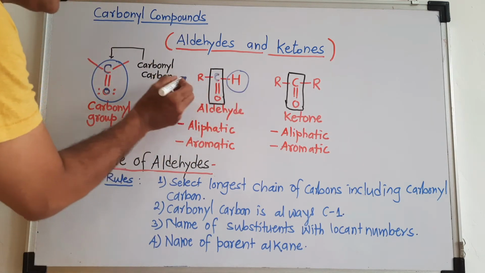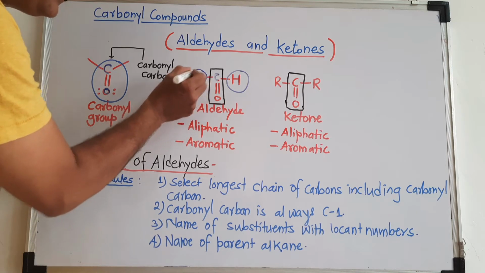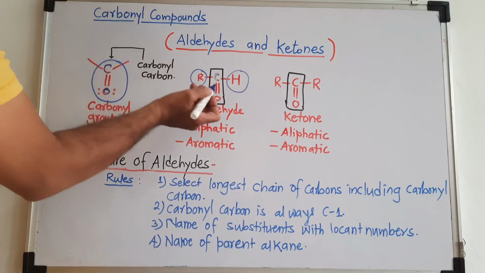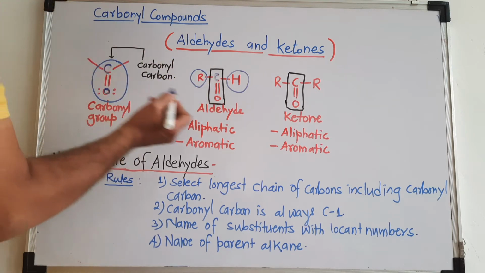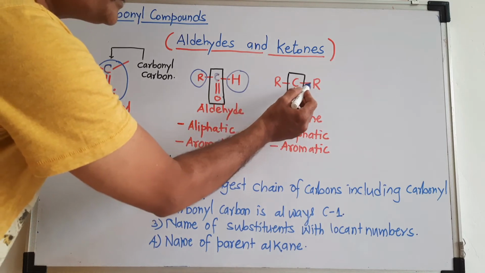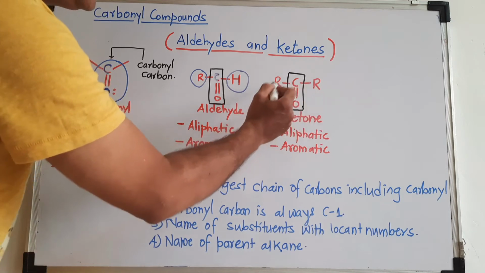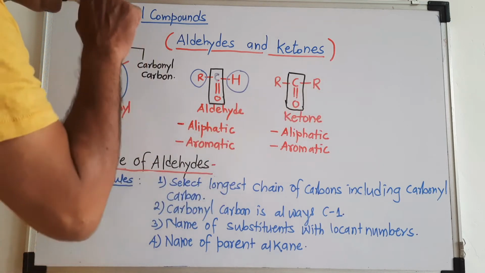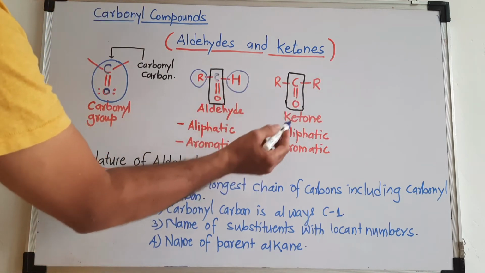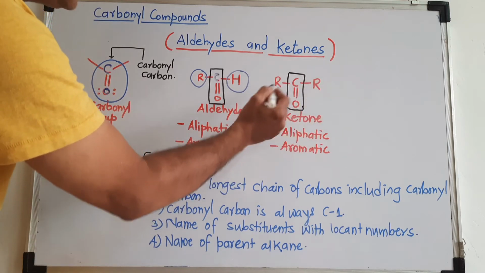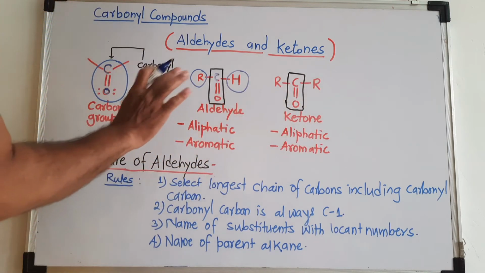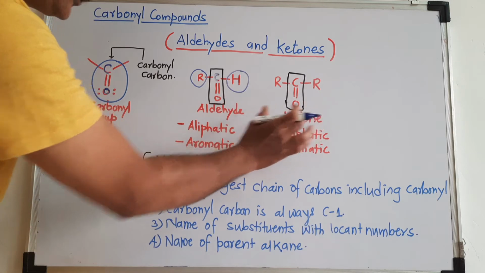And the other is R, that may be an alkyl group or any aromatic ring. So here, if hydrogen is not attached to the carbonyl carbon and both alkyl groups or aryl groups are attached to the carbonyl carbon, then this is called a ketone. So we are going to discuss aldehyde and ketone.